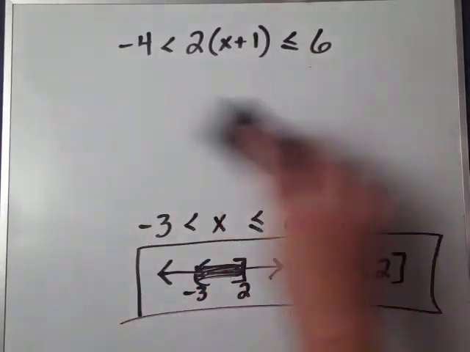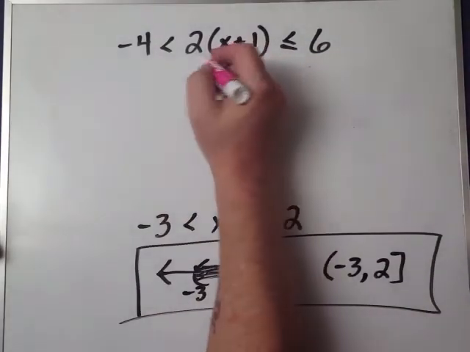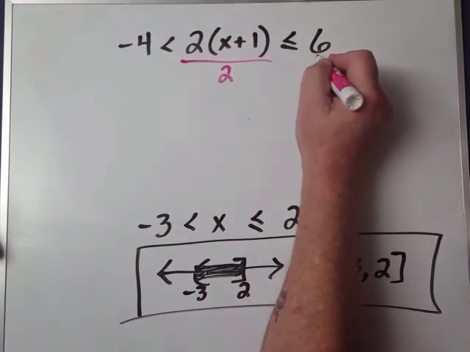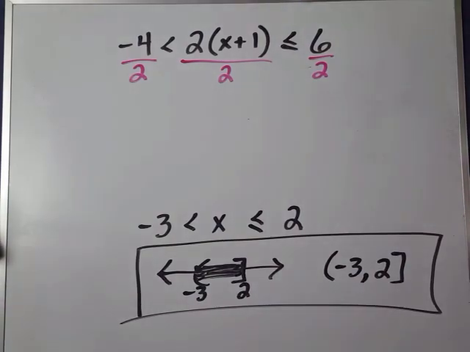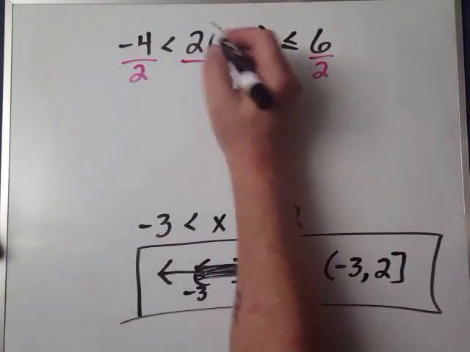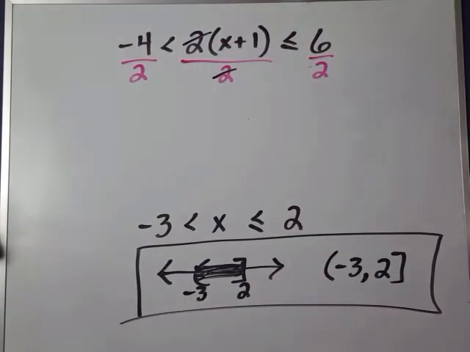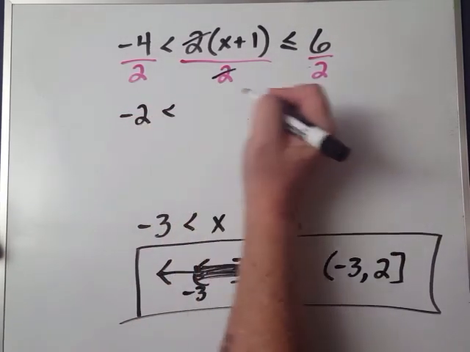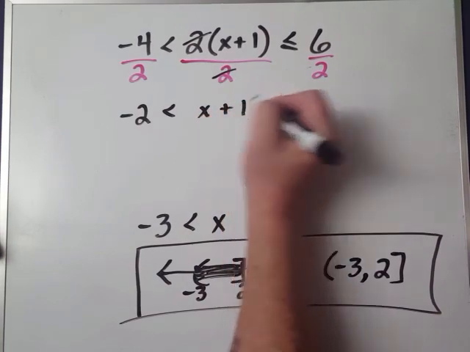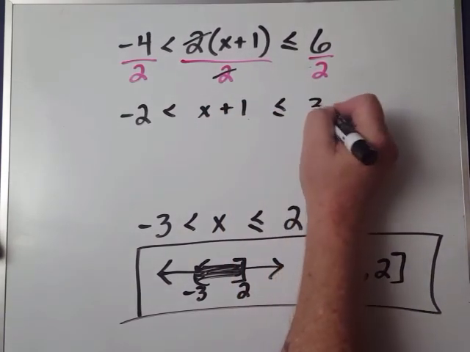But there's nothing wrong with this. Divide all three parts by 2. What happens? These 2's cross cancel. That's going to leave me negative 2 is less than x plus 1 is less than or equal to 3.